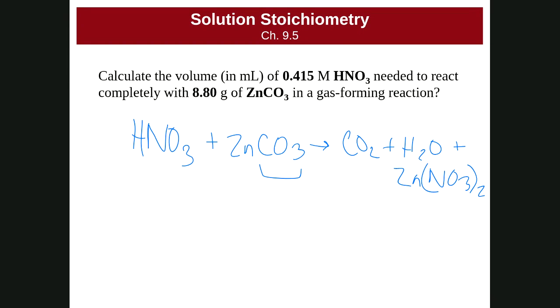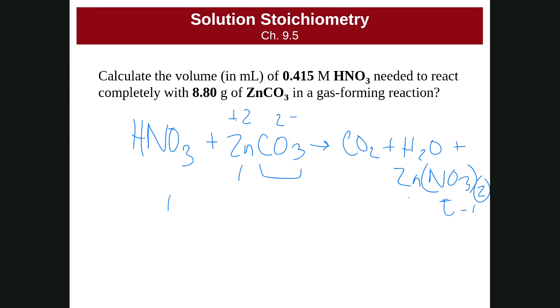Zinc is a +2 cation. Carbonate is a minus 2. So we didn't need any subscripts with zinc carbonate. But nitrate is a minus 1, so we did need a 2 subscript here. So let's balance our reaction. We have 1 zinc on the left, 1 zinc on the right.